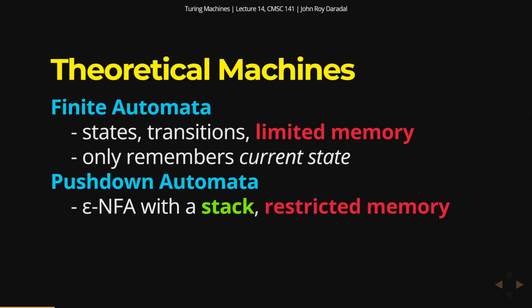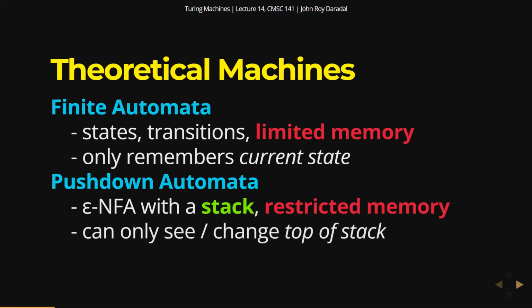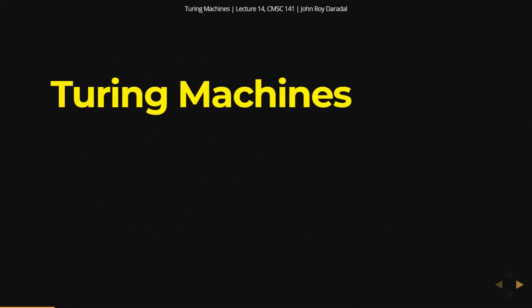So it now has memory, but it's still restricted. Why? Because you can only see and change the top of the stack. So even if you have some type of memory, you're only allowed to change the top of the stack and see the top of the stack. So it's also restricted.